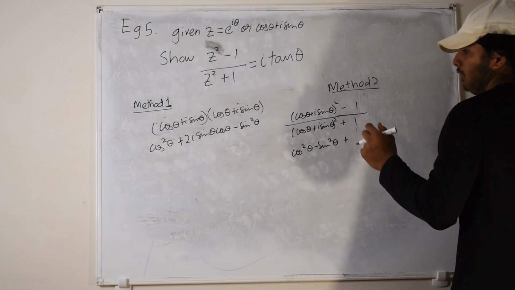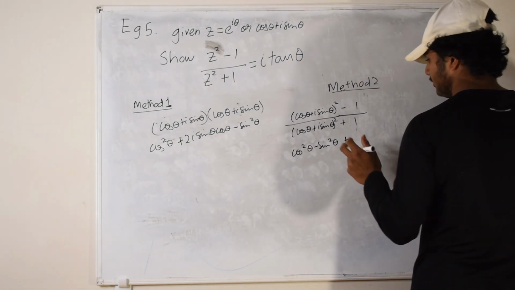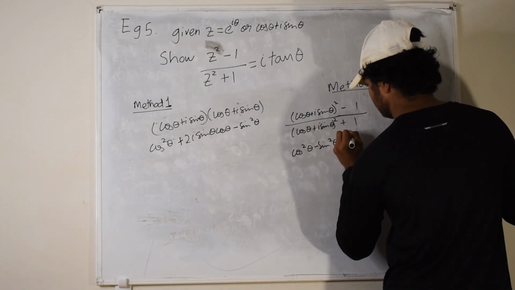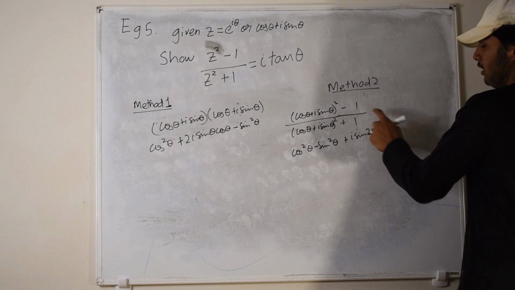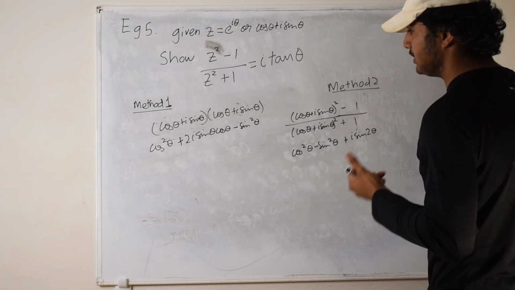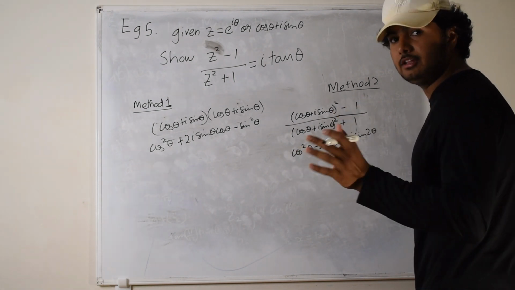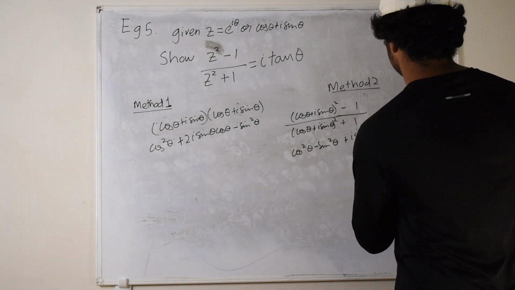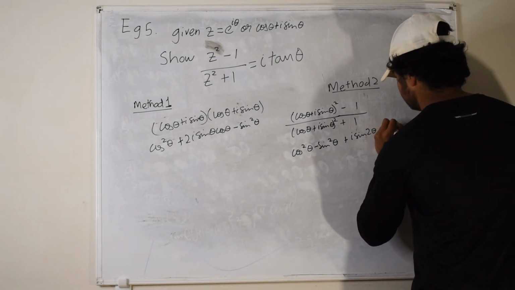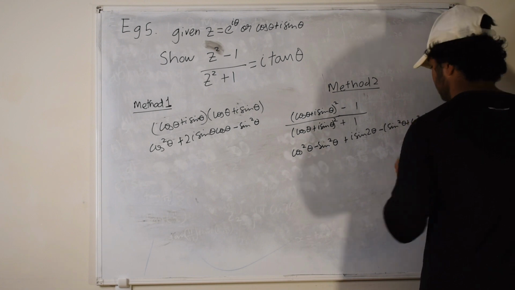That's the double angle formula. So we've got plus i sin 2 theta. And 1 is basically cos squared theta plus sin squared theta equals 1. That's another identity you've got to remember. You can just sub that in, so we can go minus brackets sin squared theta plus cos squared theta.